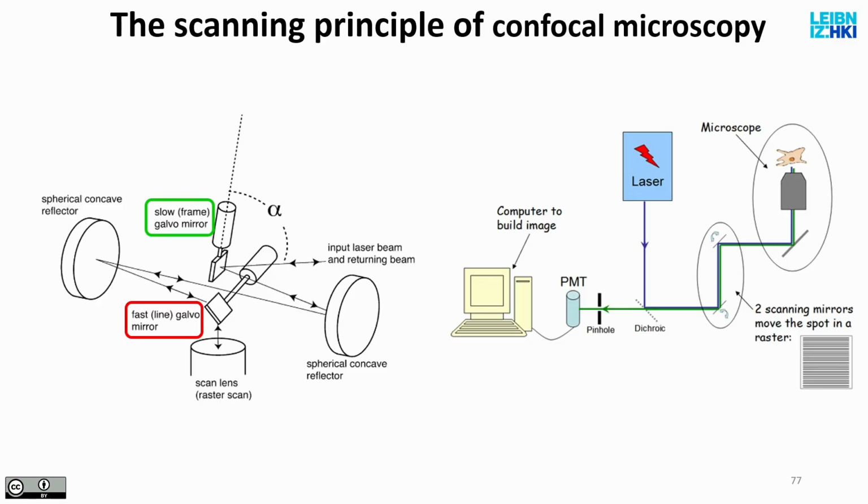Now, because the light always goes through a point, it goes through the pinhole, the detector typically cannot be a camera. The camera would assume that you illuminate every pixel in the camera chip at the same time. This is a scanning system.